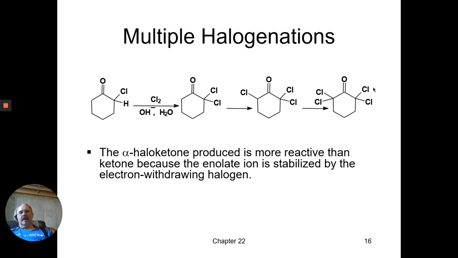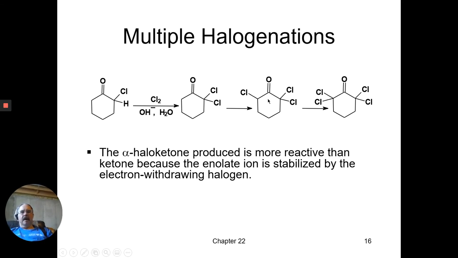Okay, the alpha halo ketone is actually going to be more reactive. The presence of this nearby chlorine is going to render this hydrogen more acidic than if the chlorine weren't there. And so this undergoes a second reaction.